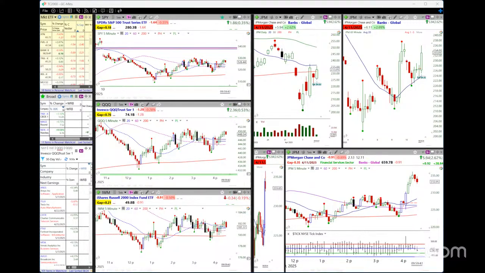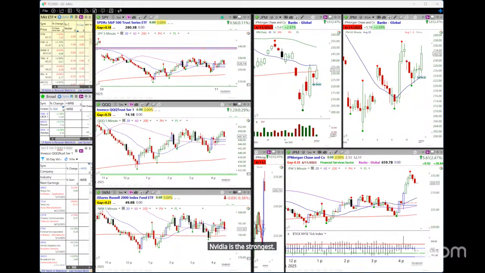Getting 5 minute red candles. Meta is weaker than the rest of them. Nvidia is the strongest so far.